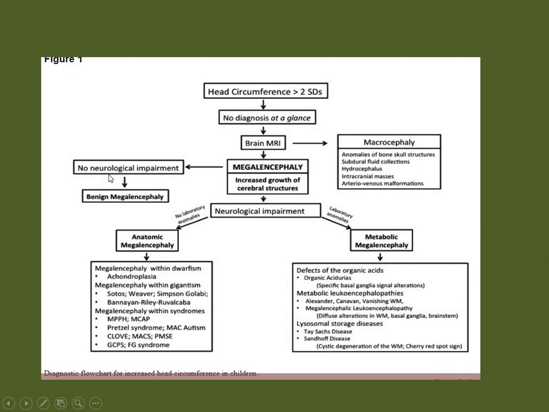If there is no neurological impairment, we can call it benign megalencephaly. If there is neurological impairment, we have to do the laboratory test, with laboratory or without laboratory abnormalities. Without laboratory abnormalities, it's known as anatomical megalencephaly, and these are the achondroplasia and other causes which we discussed, and metabolic, the organic aciduria, lipodystrophies, and so on. Right? Just know it, that's enough.